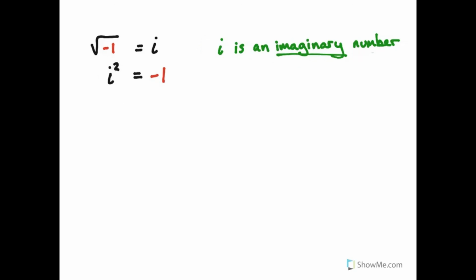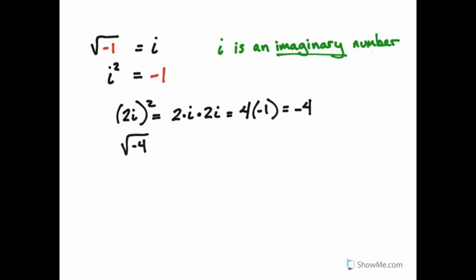Now, since 2i squared is 2 times i times 2 times i, 2 times 2 is 4, and i times itself is negative 1. So we have a number that when we square it, we get negative 4 for the answer, and so we think that the square root of negative 4 should indeed be 2i.